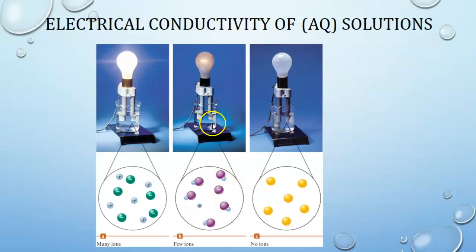The light bulb will not glow very brightly. In the last example, you have something like sugar. Sugar dissolves in water, but sugar is not ionic, so it cannot conduct electricity. It can't carry a charge. So the definition of an electrolyte is just a substance that can conduct electricity.